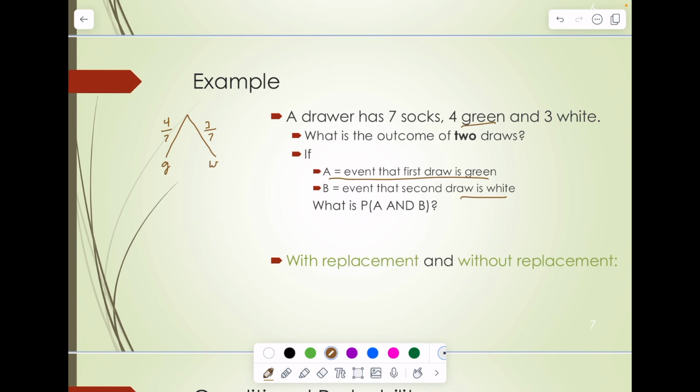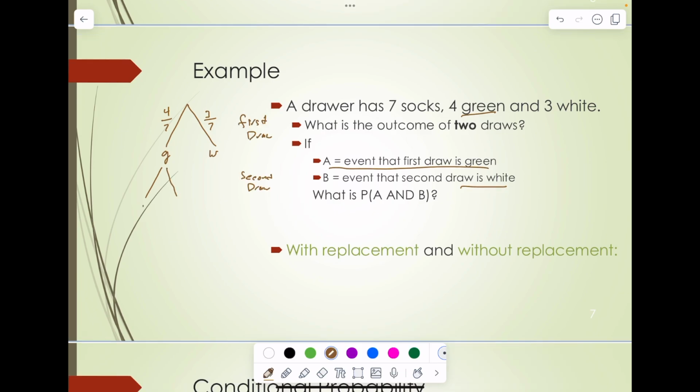Because the second draw depends somewhat on the first draw, right? Because the amount of socks in the drawer has changed. I'm going to start here. So if it was green and I do my second draw, my options are still getting a green sock or a white sock. But now, what's the probability of getting a green sock?